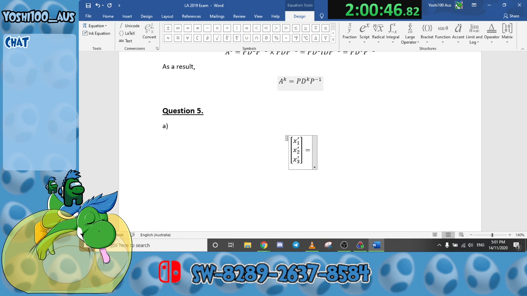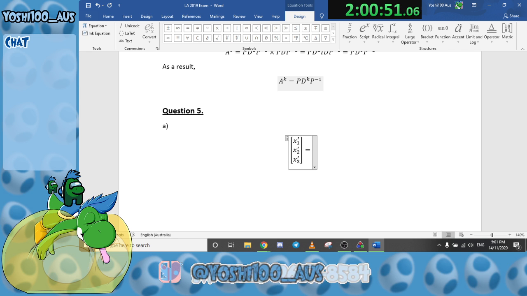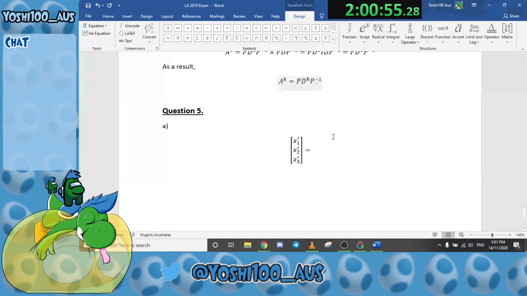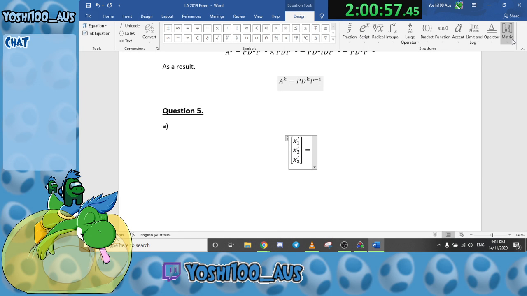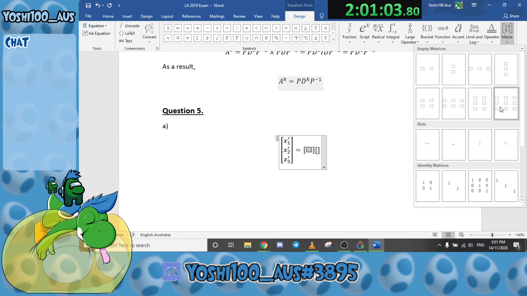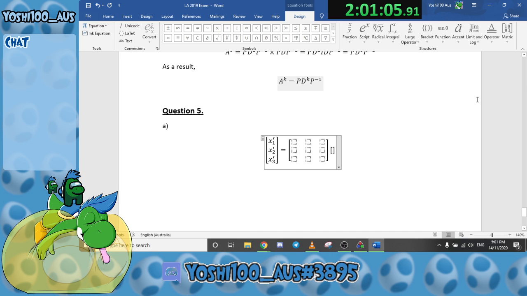Okay, and that's fine, right? And it's AX. So the next one is a 3x3 matrix.